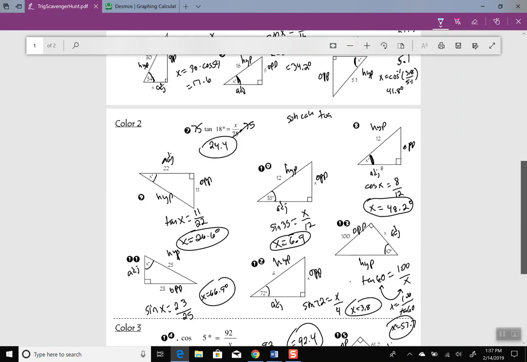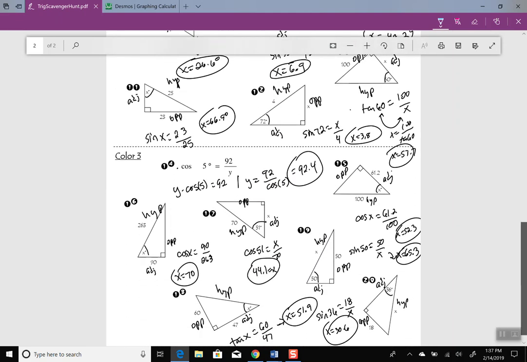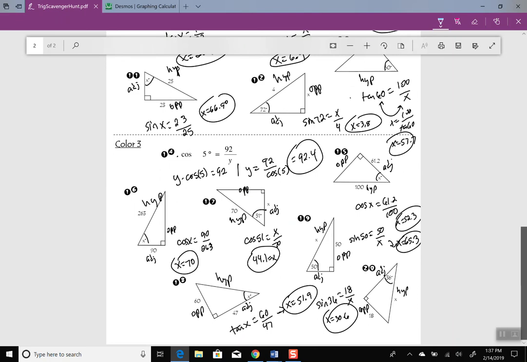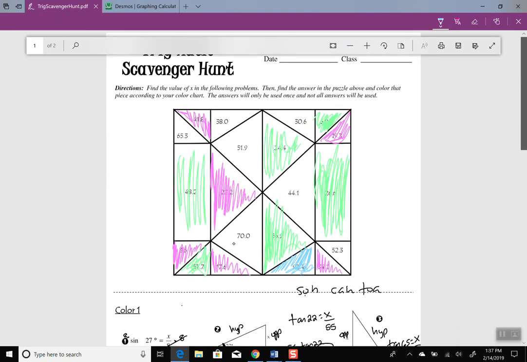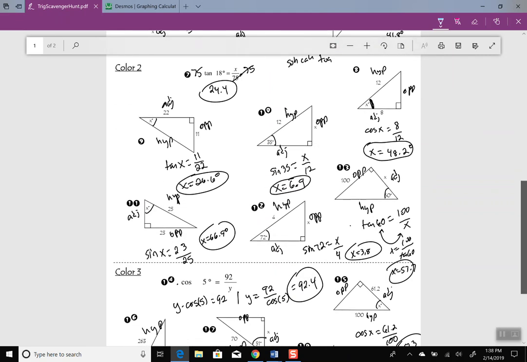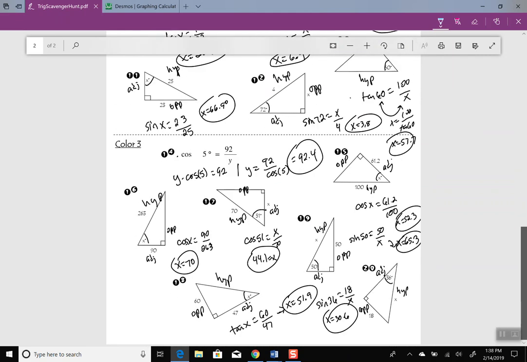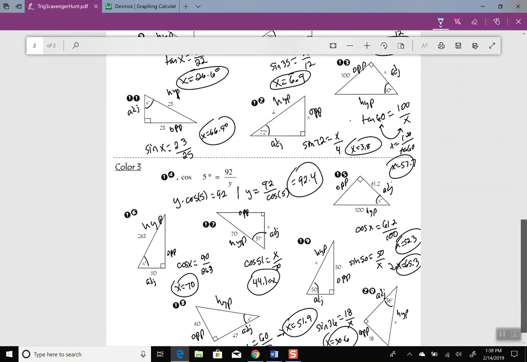And see that other one. 70 and 44.1. 52.3 and 65.3.